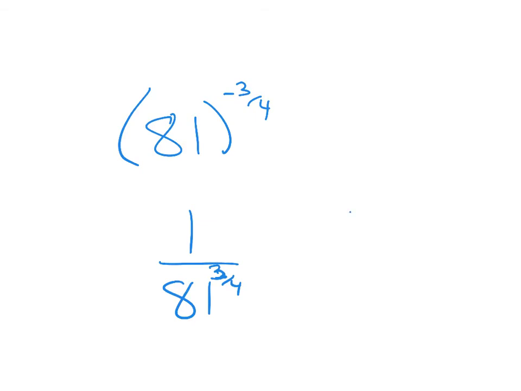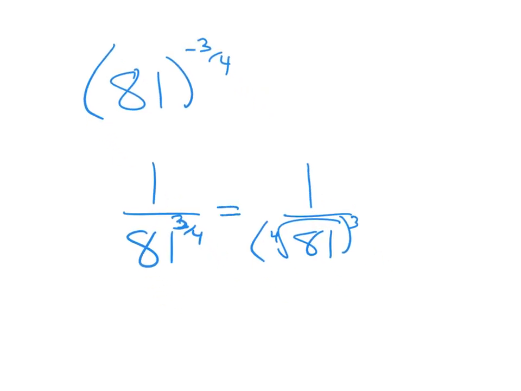And then we're going to find the 4th root of 81 and then cube that answer. So this becomes 1 over 3 to the 3rd, which is 1 over 27. So don't try to do too much at one time. If you have to write out step by step, do that.